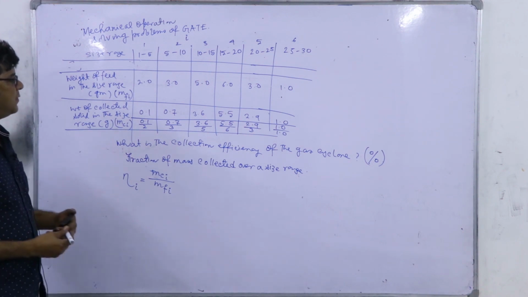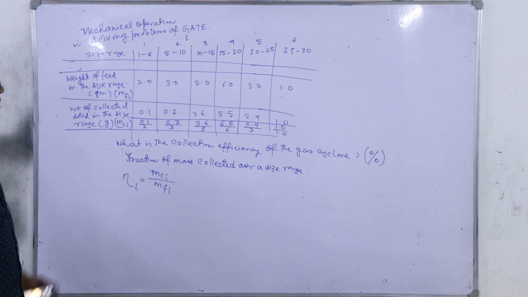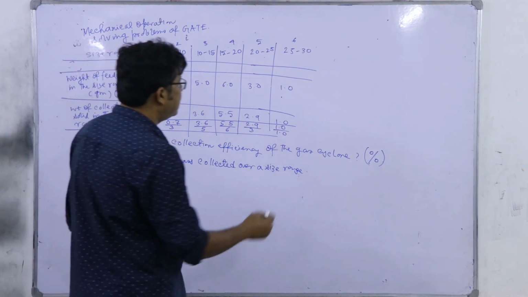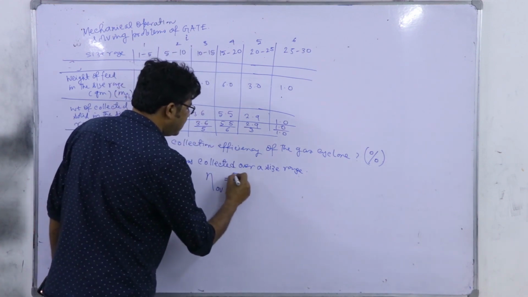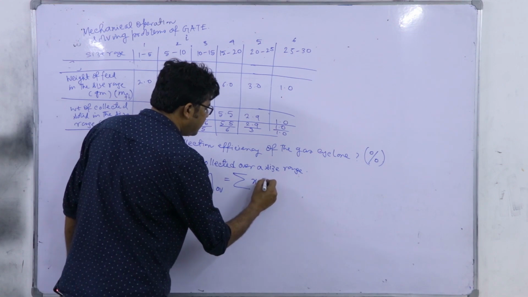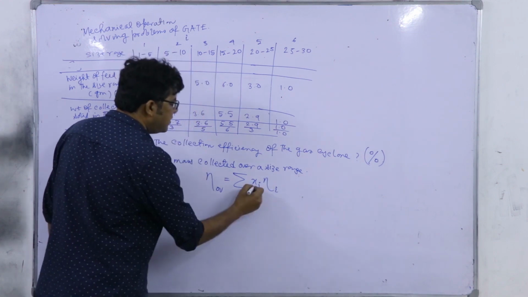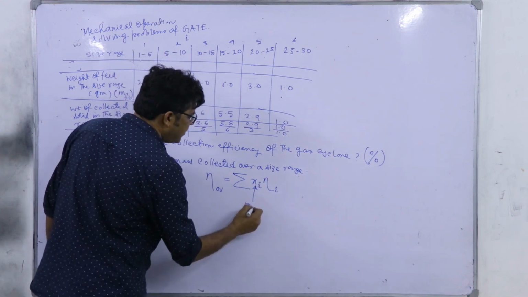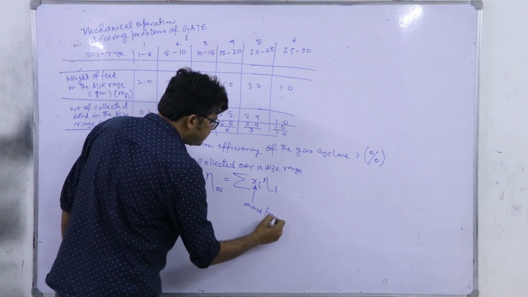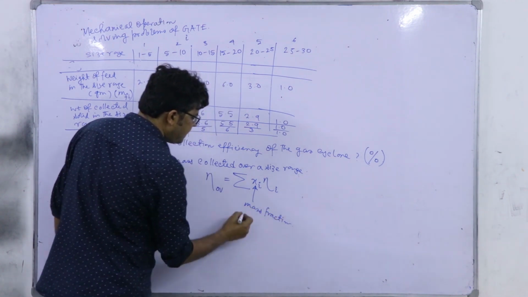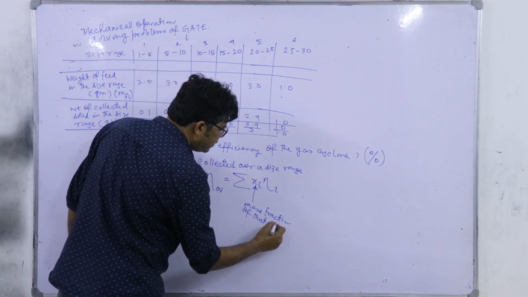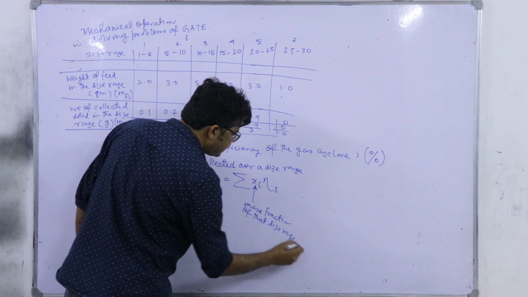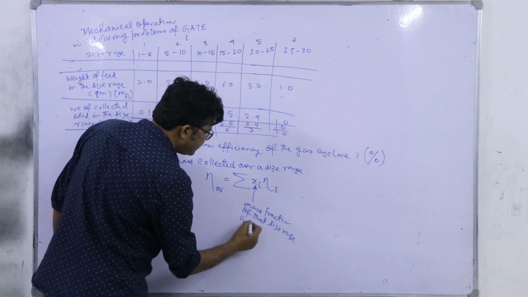Now, this collection efficiency we have to average, and that must be the mass fraction weighted average. So, eta overall is equal to summation of xi into eta I, where xi is the mass fraction of that size range in the feed.